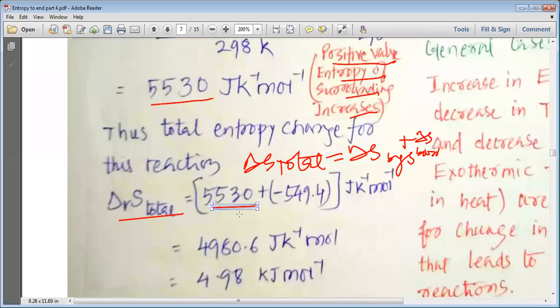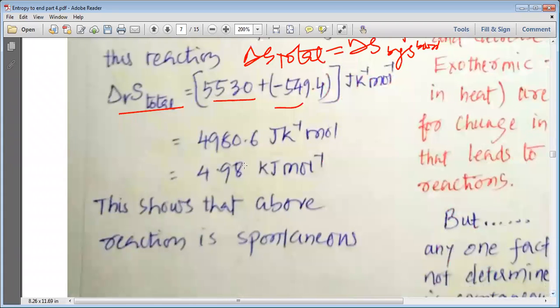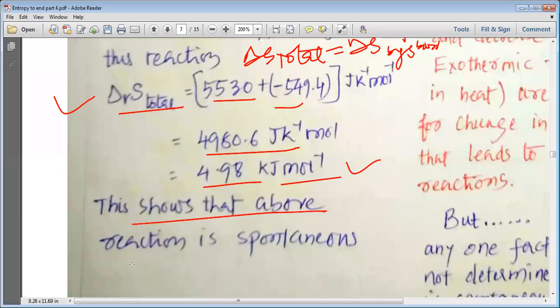Delta S surrounding is 5530, whereas delta S system is minus 549.4 joule per Kelvin, and finally we get 4.98 kilojoule per Kelvin per mole of the total change in entropy. Ultimately during all this process the total entropy increases, and as this total entropy increases we can say that the reaction is spontaneous.